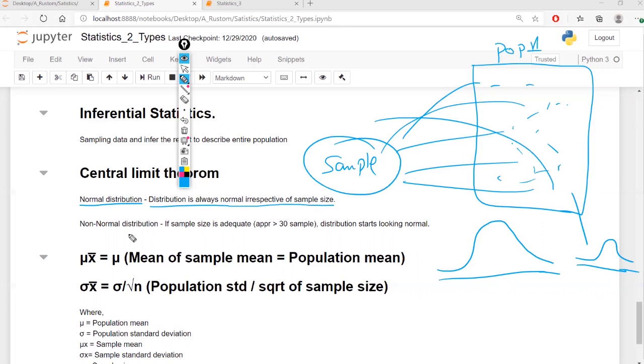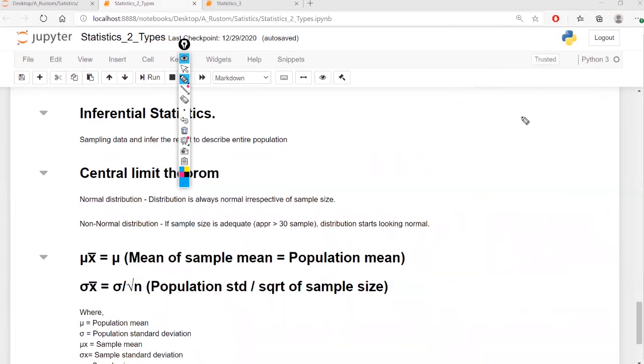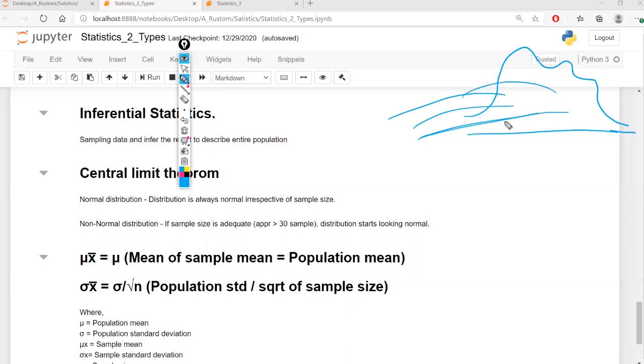All right. And there is the non-normal distribution. Suppose I have a population distribution that looks something like this, which is not normal. But I will take some sample data from this non-normal distribution, a few samples, 1, 2, 3, 4, up to 30.